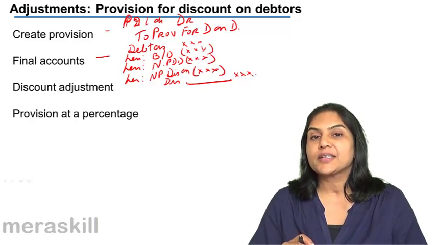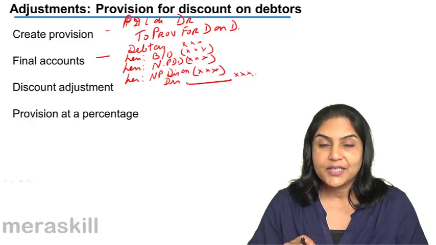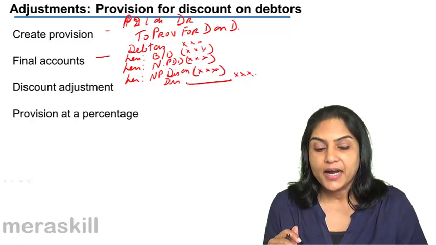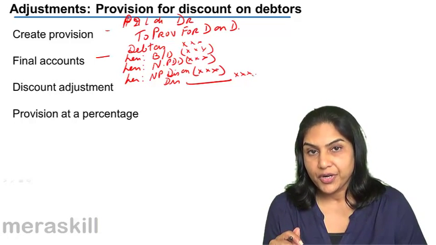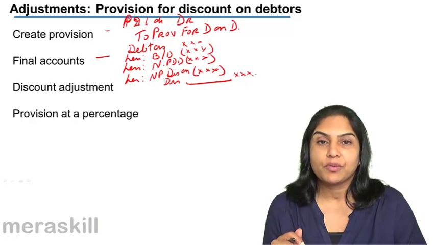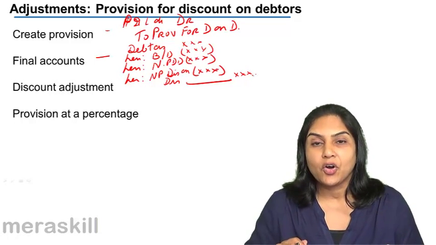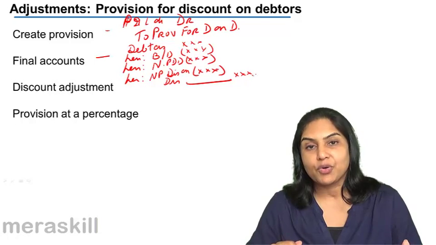If there is discount expense, such discount expense would be adjusted against the provision for discount on debtors instead of taking it to the profit and loss account, because the provision was created in order to meet the discount expense.